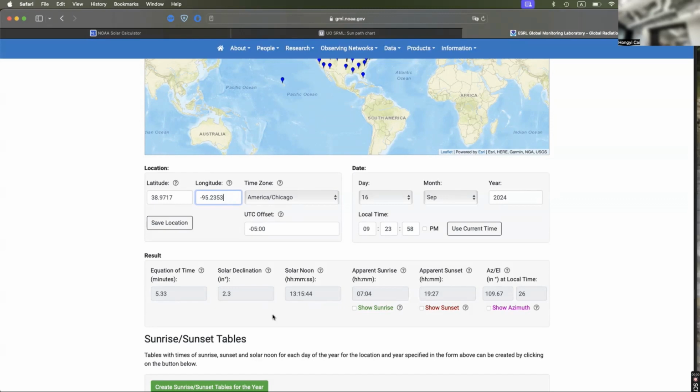Because the north is counted from 0 to 360, right? So if you do the math, it'll be like this, because this is 90, right? So 109 right here. So this entire angle from here to there will be 109.67.